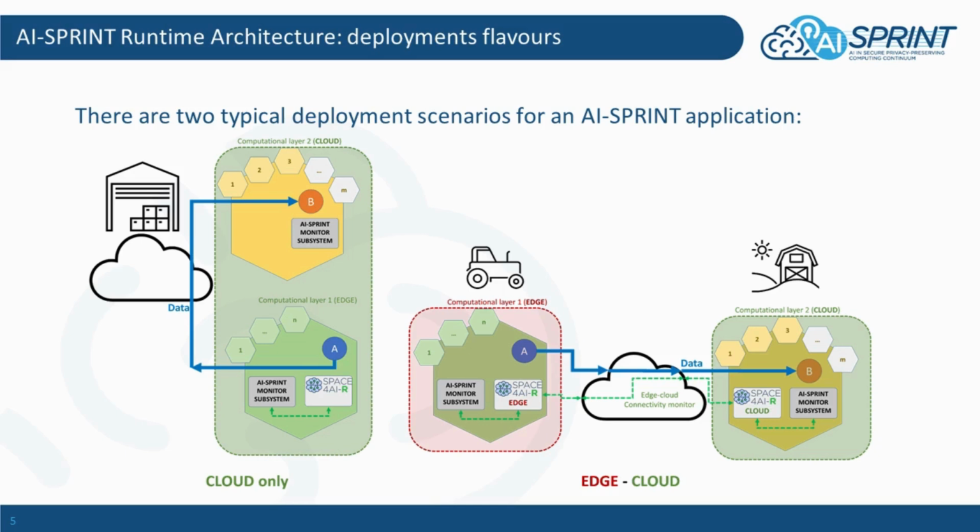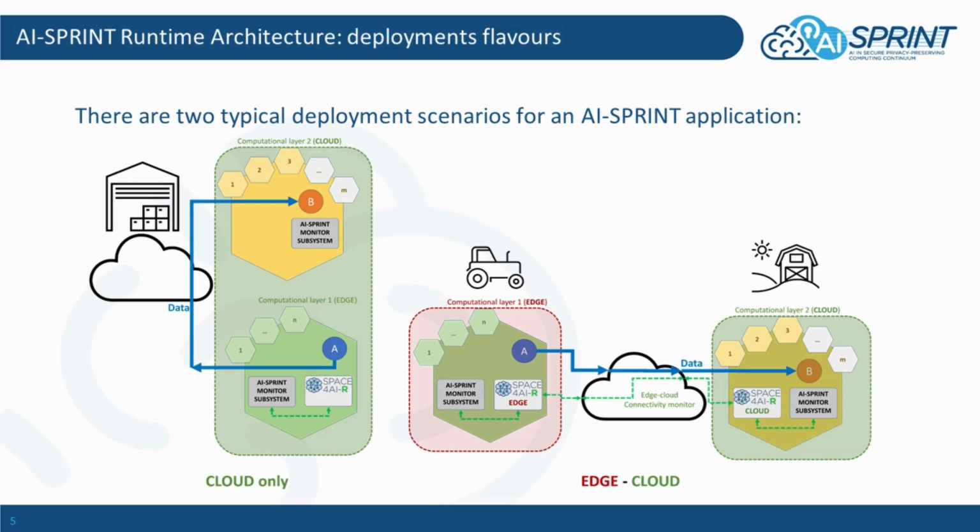In case we have an iSprint application with components split between the edge and the cloud, the runtime manager comes in two different flavors: the edge runtime manager and the cloud runtime manager.